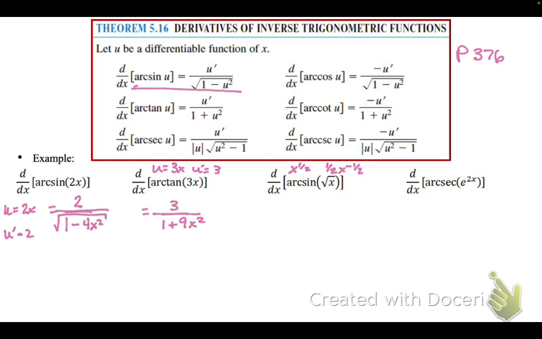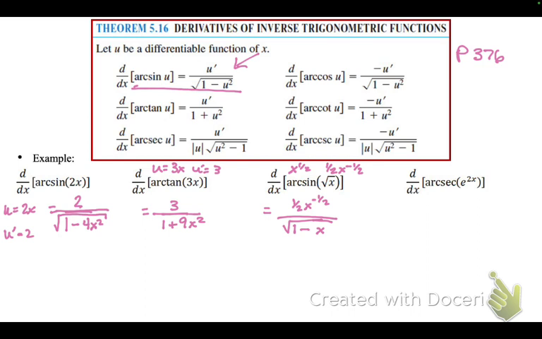Okay, so I plug it in: 1/2 x to the negative 1/2, which we are definitely not leaving like that, but right now we were writing it like that, over the square root of 1 minus the square root of x squared, so just x.